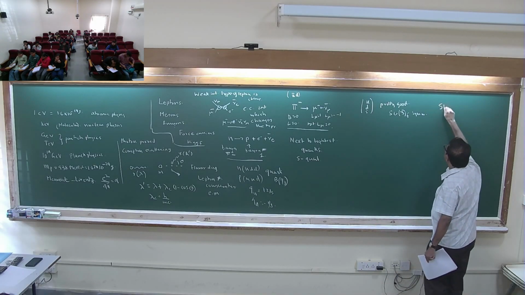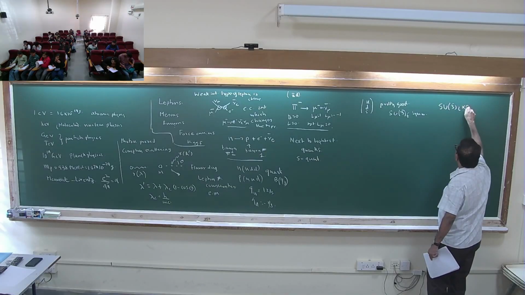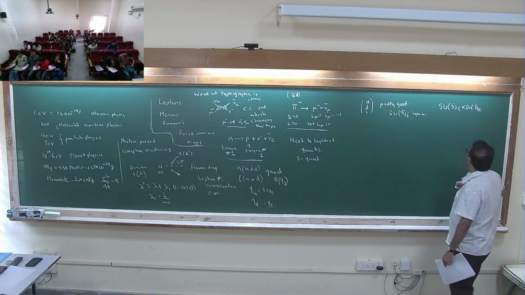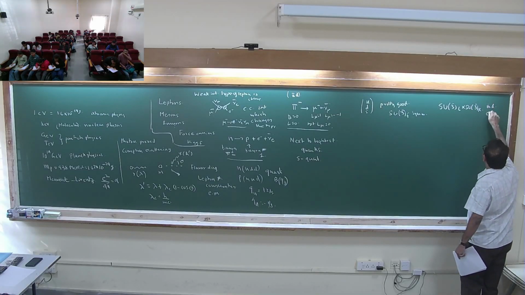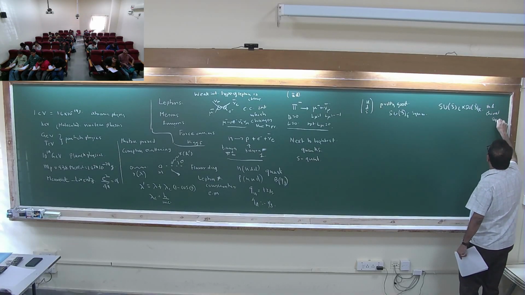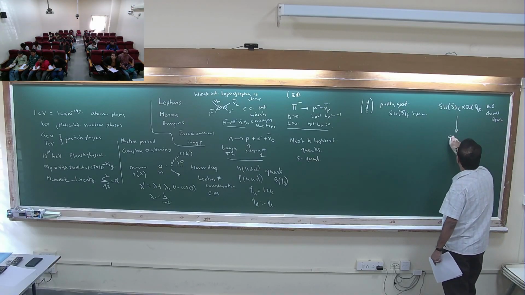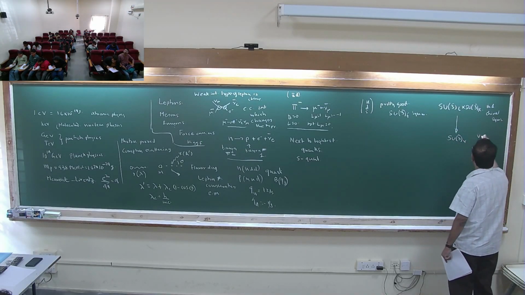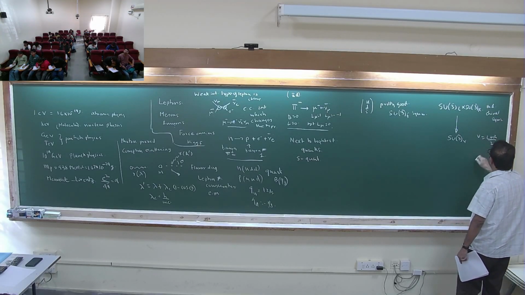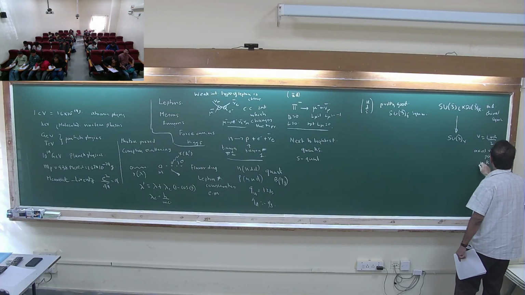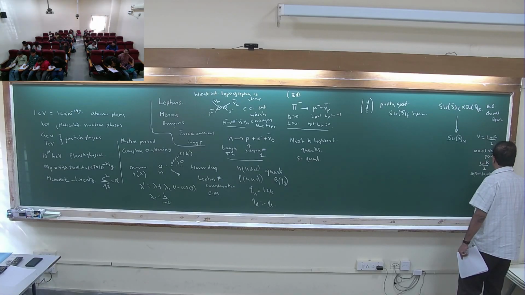Not only that, this actually is an SU3 L cross SU3 R, independent chiral rotations, independent chiral symmetries, which is spontaneously broken to SU3 vector, where the axial vector part, which is n minus r by 2, is spontaneously broken. Spontaneously broken by what? By quark condensates.